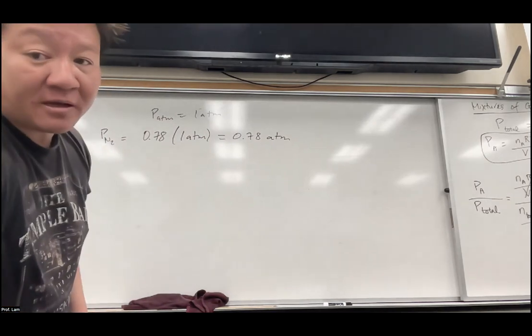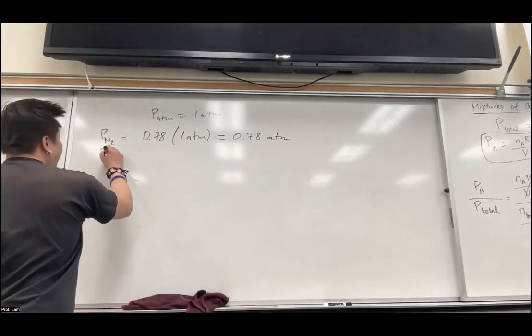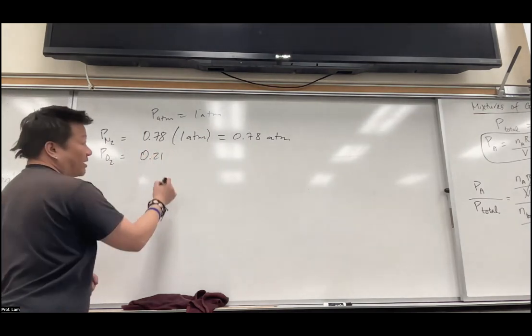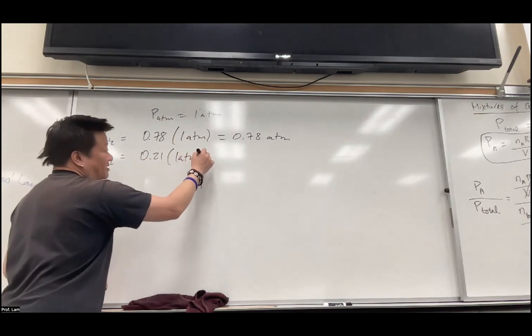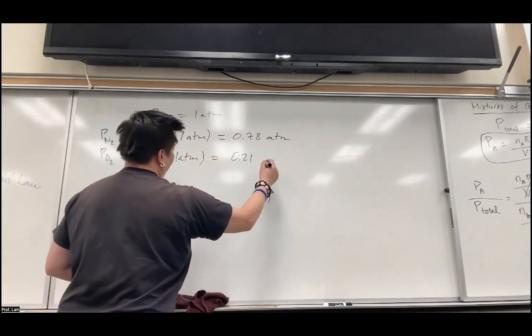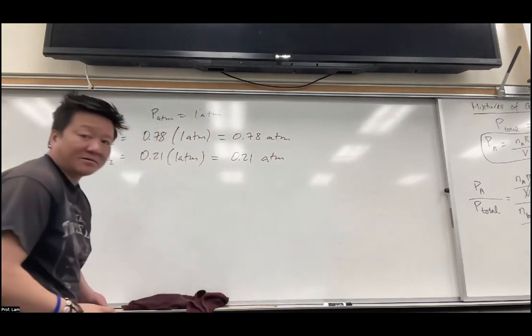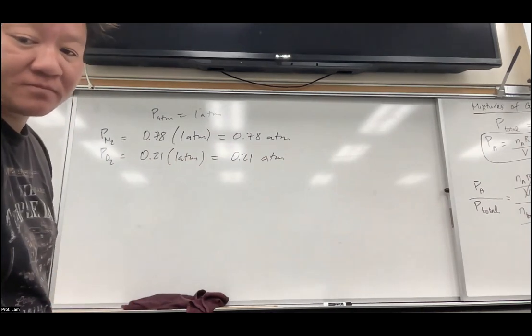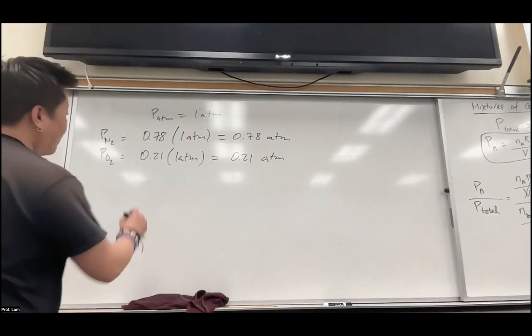Okay. And then oxygen, you want to calculate partial pressure of oxygen, it's 21%. And 21% of 1 atm is 0.21 atm. Okay. And then you do that for argon.